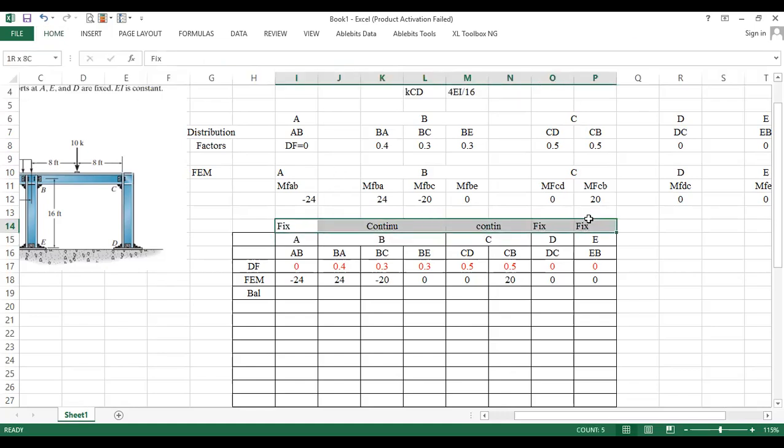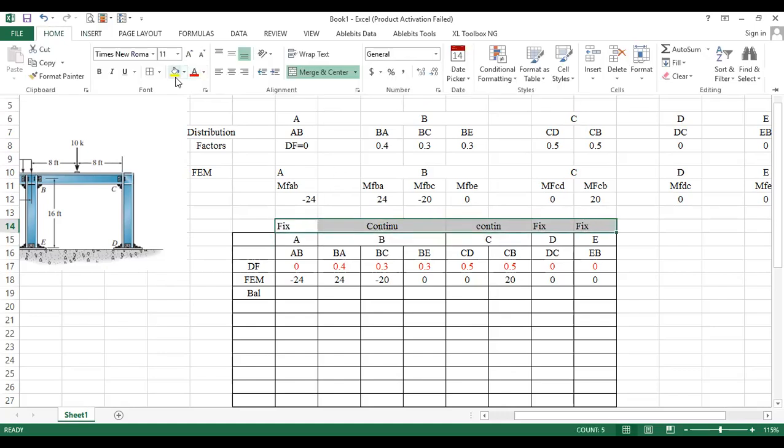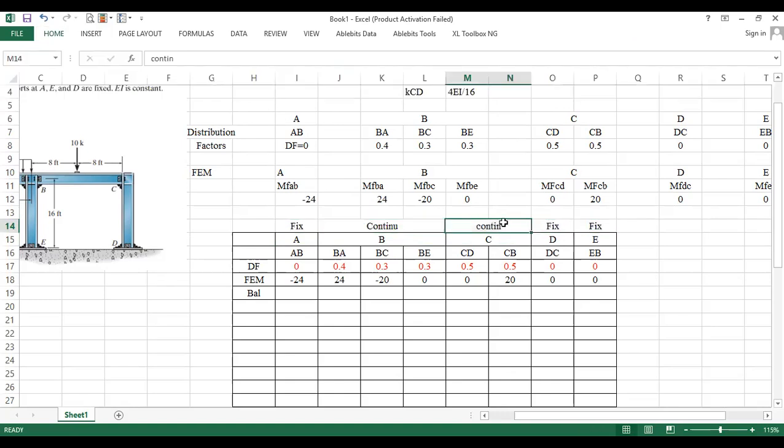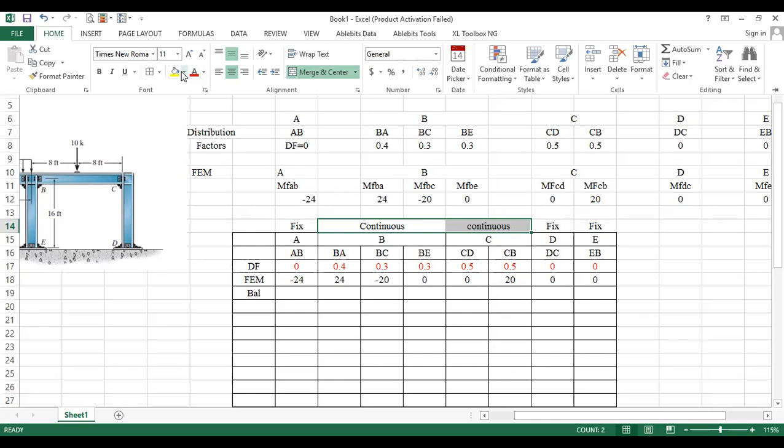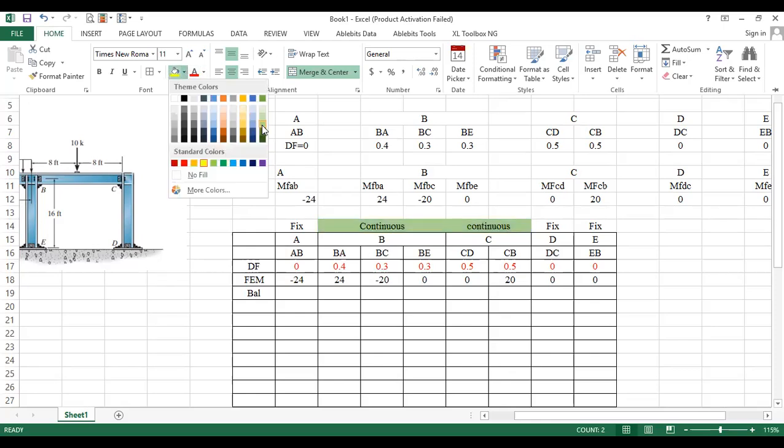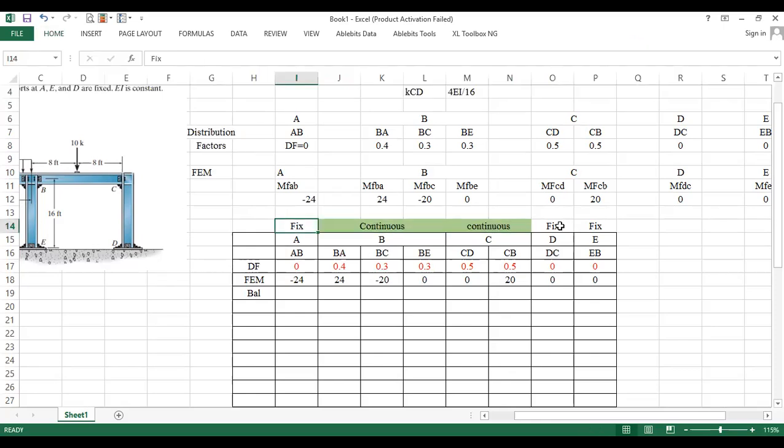So you know from the theory I taught you, you don't need to do anything for the fixed support, right? That will be already there. You only need to balance continuous or discontinuous. Since in this case you don't have any discontinuous cases, you can go ahead and balance the continuous ends, right?